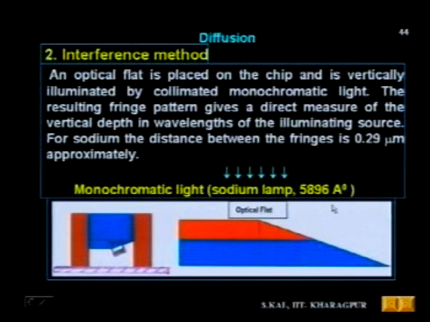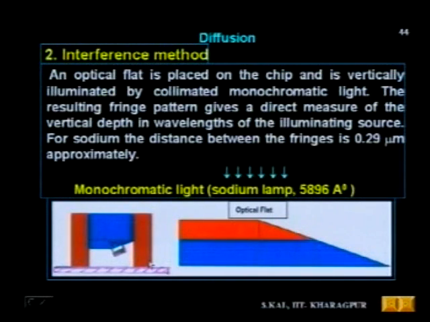0.29 micron is for sodium. If your light source is different, then obviously this 0.29 value will change. Now in the side diagram here you can see how this lapping is formed. The red is basically a holder, a hollow cylinder kept fixed, and the blue is another bulk metal piece, which is also cylindrical, and this can move inside this fixed hollow cylinder.